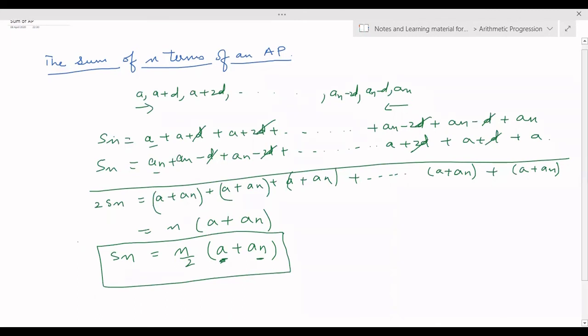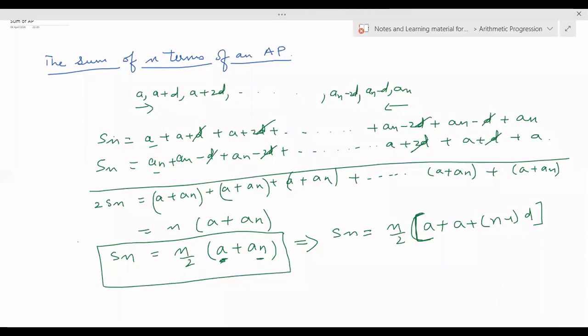Also, the same formula can be rewritten as Sn equals n by 2 times (a plus an). And we all know an is written as a plus (n minus 1) times d. Let's use this bracket here.